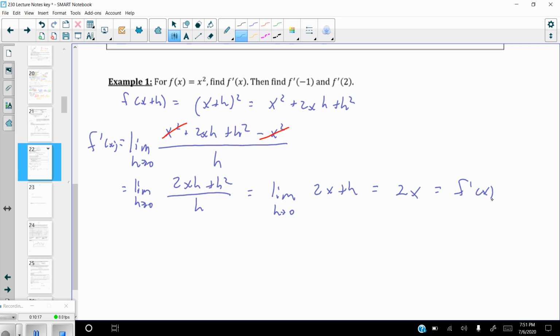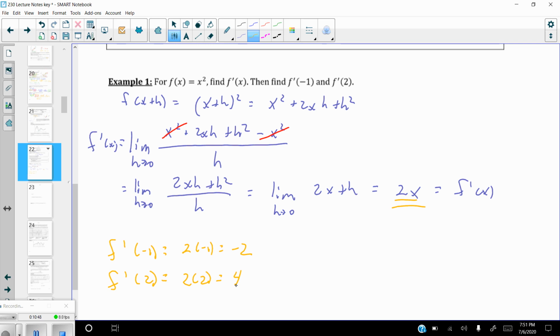Now what it wants us to do is it wants us to actually evaluate f prime at a couple of different values. It wants us to do f prime of -1. Well, that's literally just plugging -1 into there for x. So we're going to get 2 times -1, which is just -2. And it also wants us to do f prime of 2, which is 2 times 2, or 4.